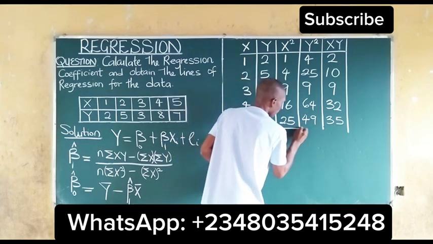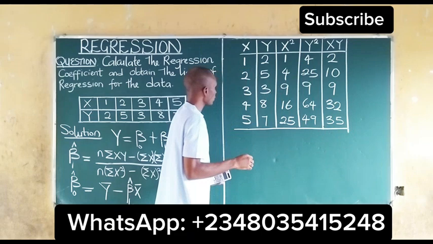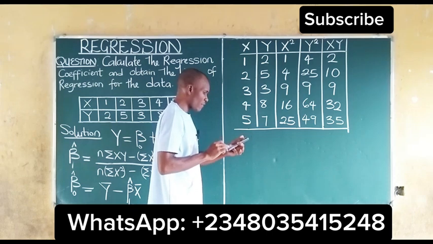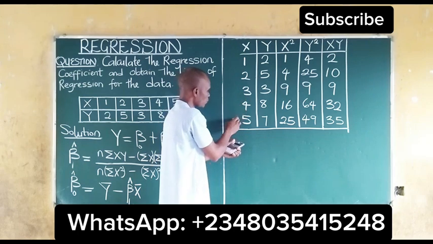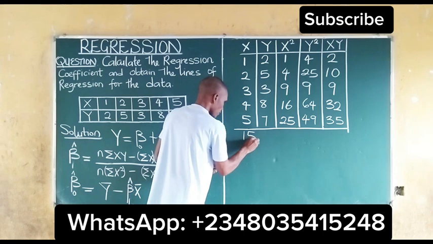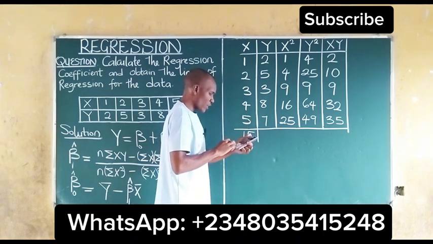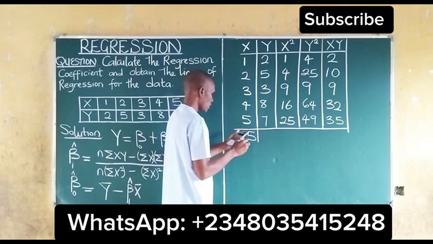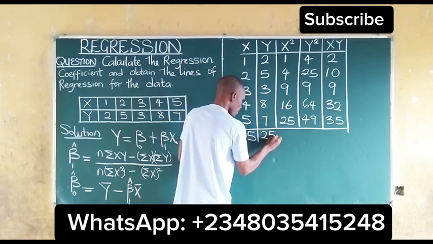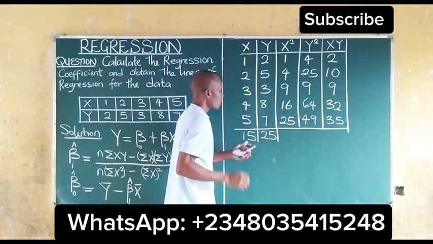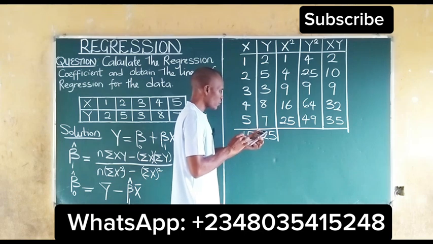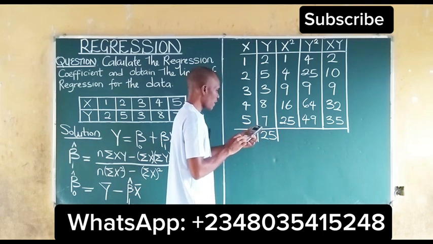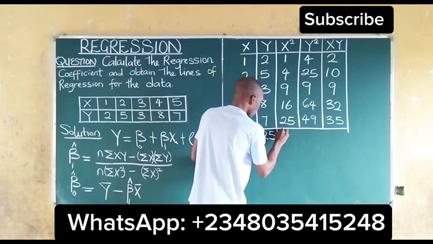The next thing to do is to find the total of all these values. The first one is 1 plus 2 plus 3 plus 4 plus 5, which is 15. The next one is 2 plus 5 plus 3 plus 8 plus 7, which is 25. The next one is 1 plus 4 plus 9 plus 16 plus 25, which is 55.